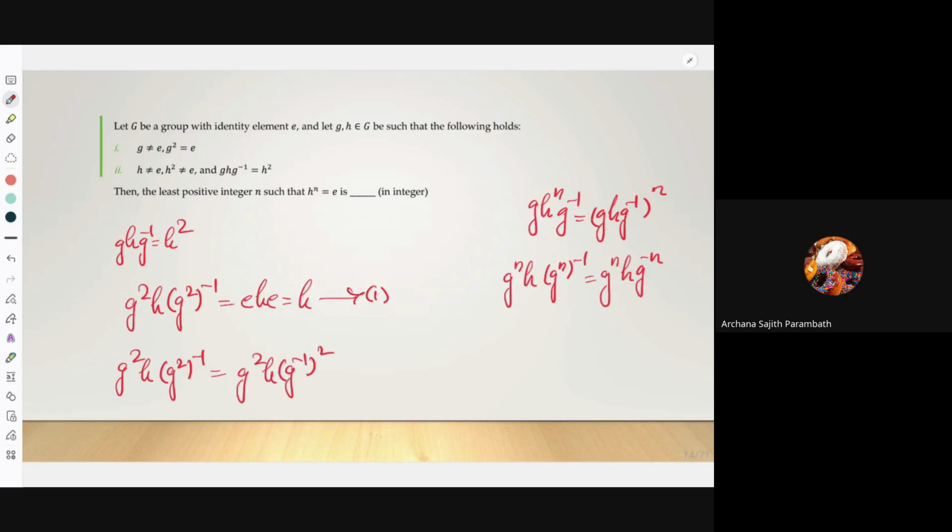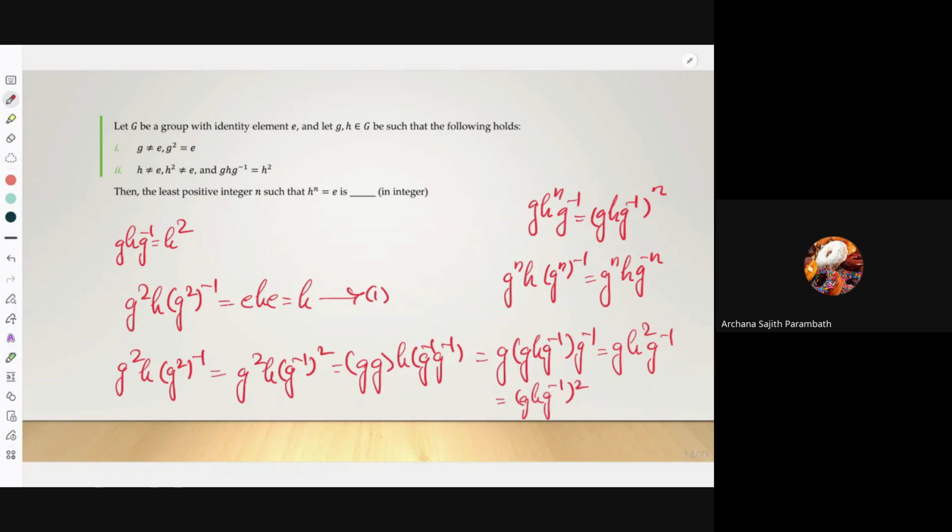So g square inverse is the same as g inverse square. So you can write this as g times g h g inverse times g inverse, which gives you g h square g inverse, because g h g inverse is h square. Now you know g h square g inverse is g h g inverse the whole square.